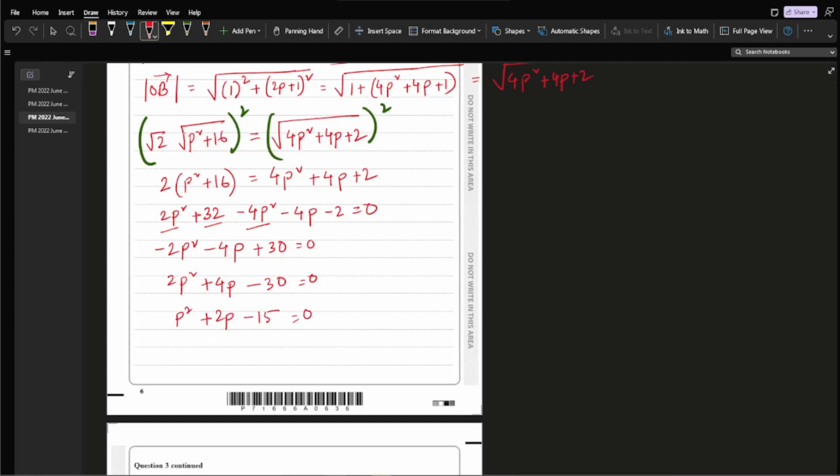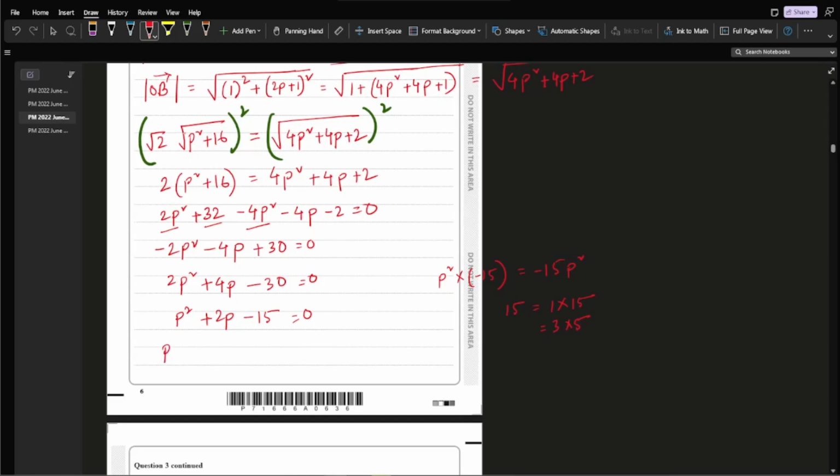Now we have to do middle term factorization. I'm going to take the first term and the end term and multiply them. So p squared times minus 15 is minus 15p squared. I'm going to ignore p squared and the minus sign. So 15, how can we represent 15 as a product of two numbers? 1 into 15, 3 into 5, 5 into 3, that's the same thing, so we stop here.